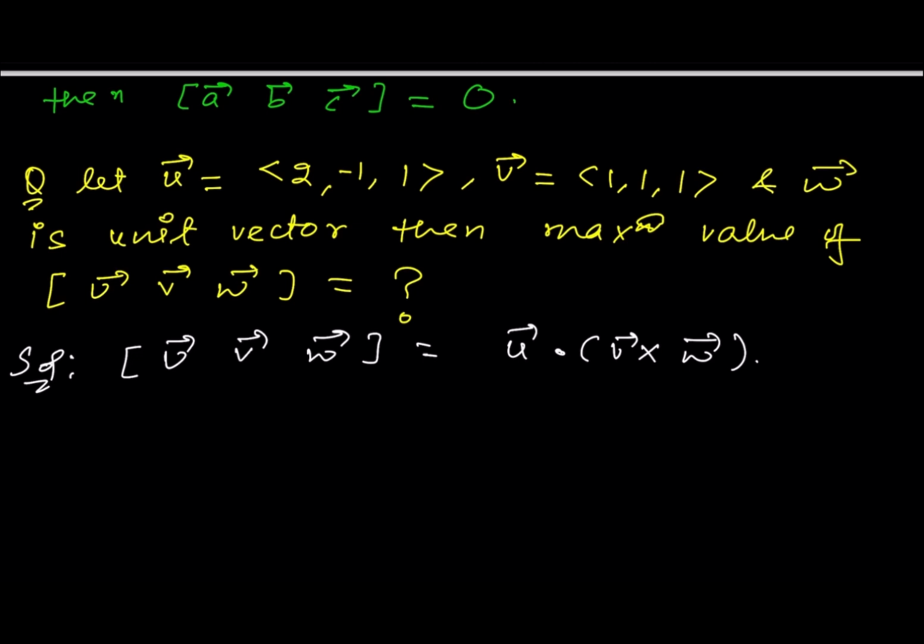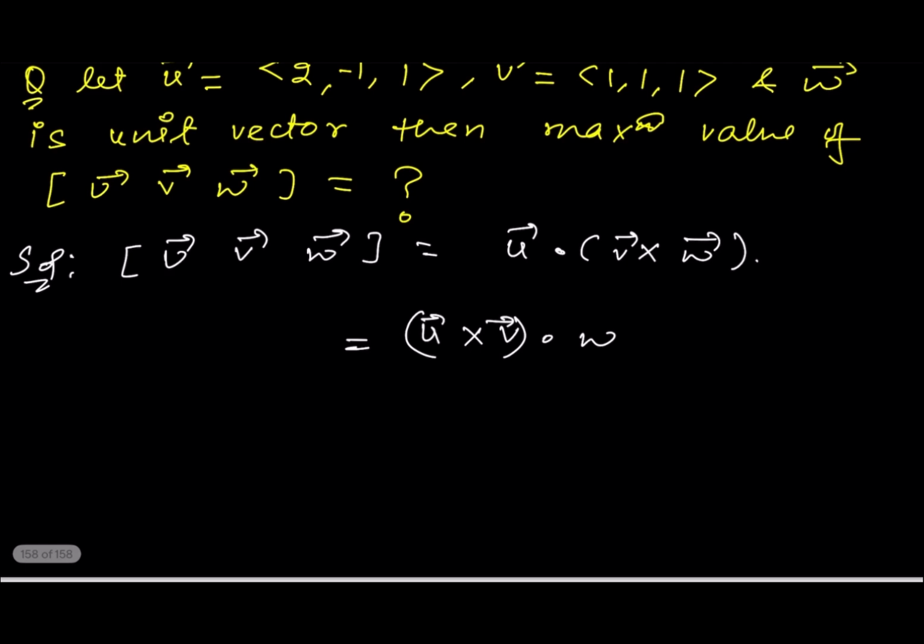So if I interchange cross and dot, it will become U cross V dot W. Now I can find U cross V. So U cross V is what?